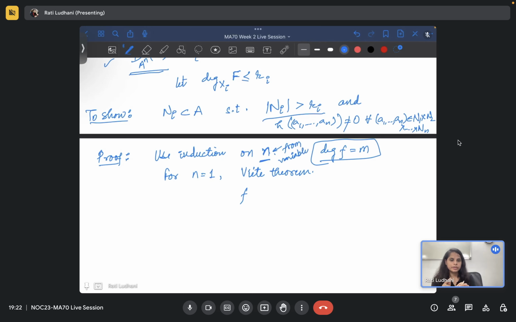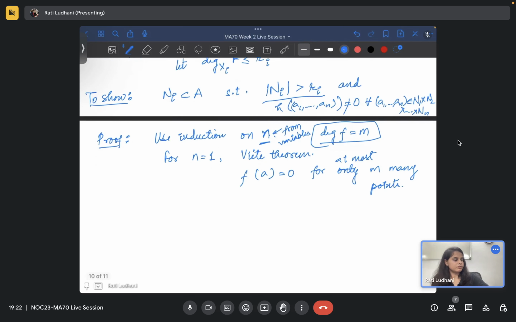So if I take just one variable, then we know that f(x) is equal to 0 for at most m many points of A. But A is infinite, so we know that this polynomial has to be 0, because it can only vanish on m many points.